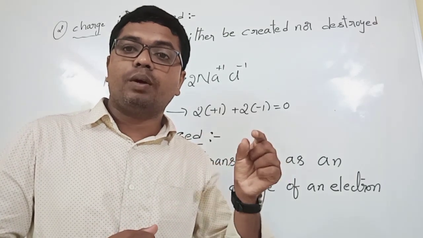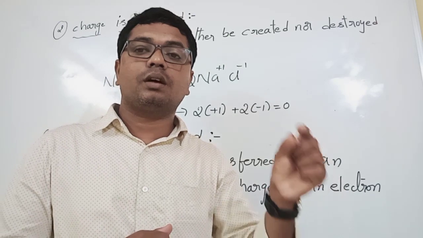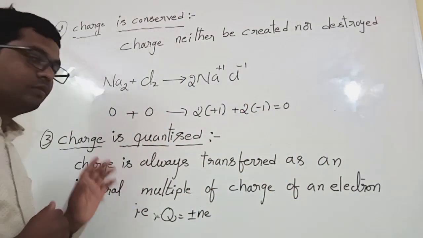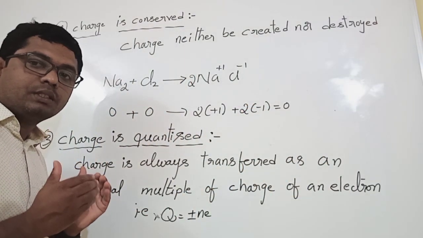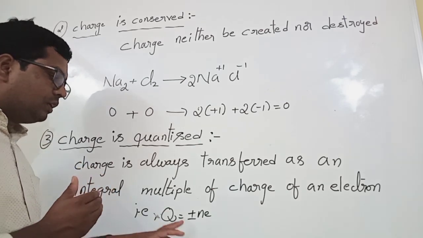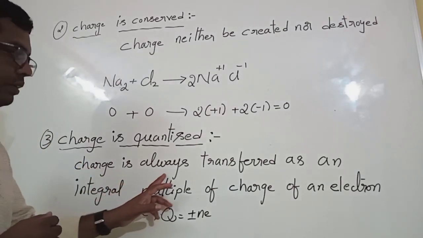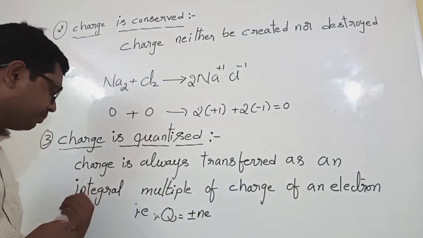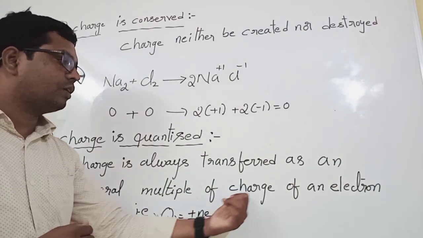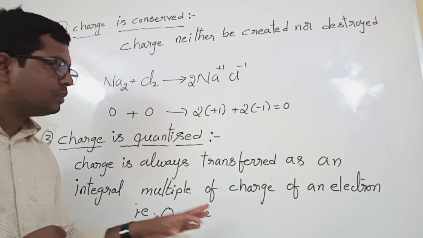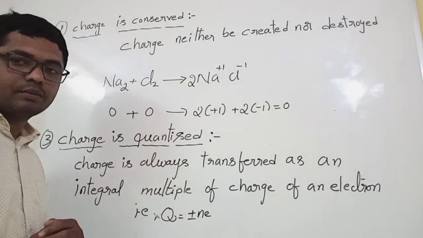Like here also, one brick is there. That brick is called the electron. Charge is always transferred as an integral multiple of the charge of an electron. This is the best example to understand that.